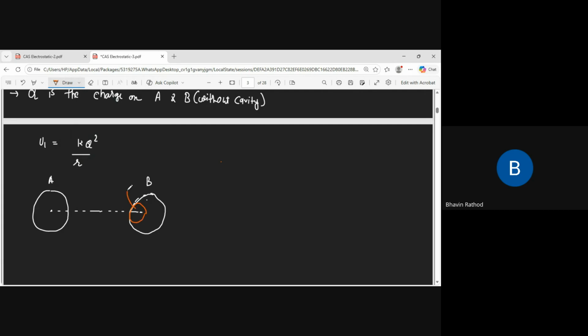Let us say that small q is the charge on the cavity. This is the center of the cavity, C, and let us say this distance is C1, and this is the center of the sphere B. Here we need to use the distance between the two centers, so this distance is going to be R minus R by 2.